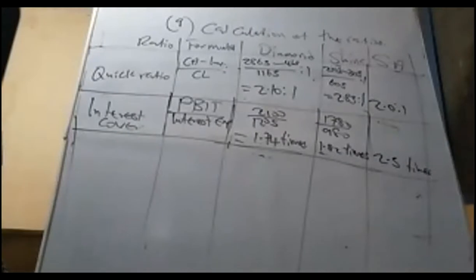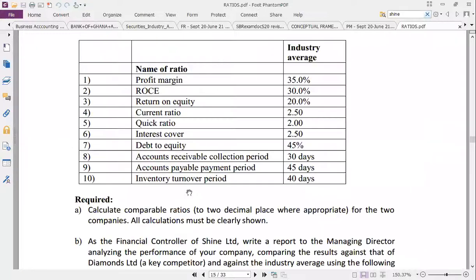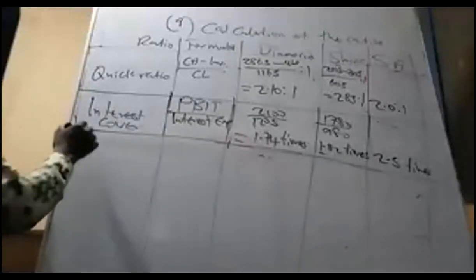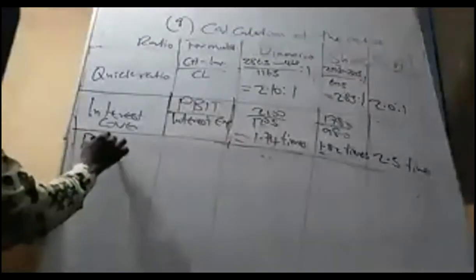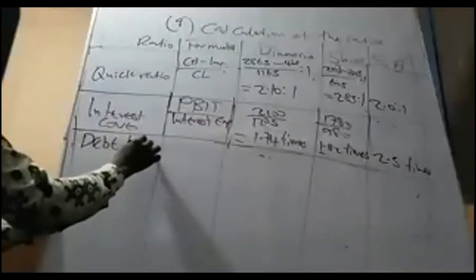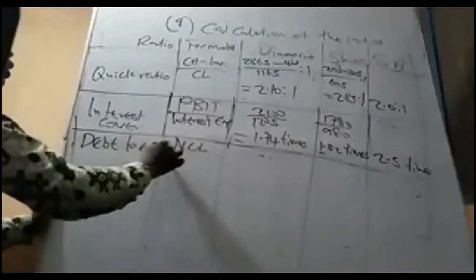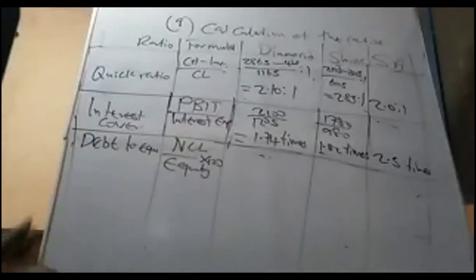We move on to the next ratio on the list: debt to equity. Debt to equity is equal to non-current liability over equity times 100. So let's go and look for non-current liabilities.